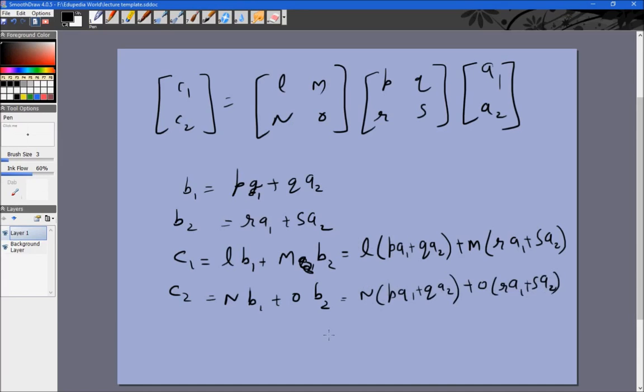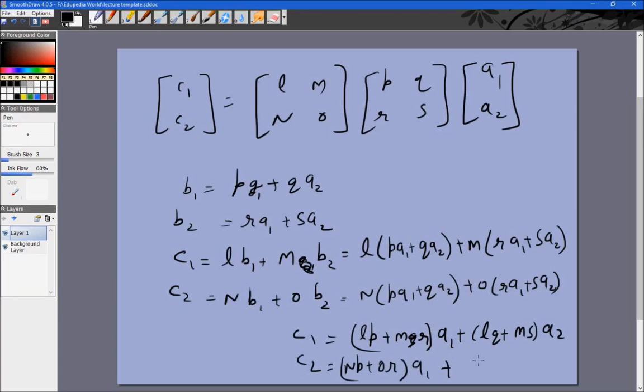You simplify it and you collect the A1 and A2 terms. What you'll get is this is equal to (LP plus MR) times A1 plus (LQ plus MS) times A2. This is C1, and C2 is equal to (NP plus OR) times A1 plus (NQ plus OS) times A2.